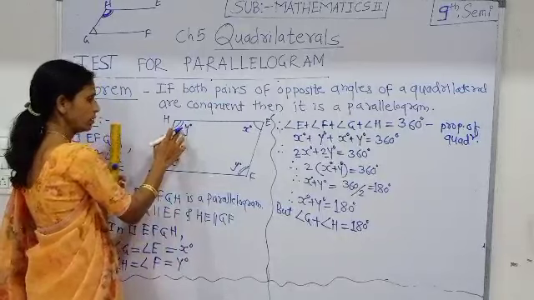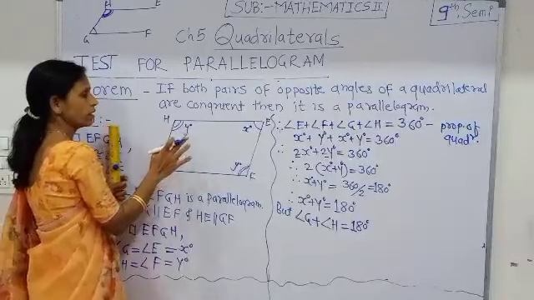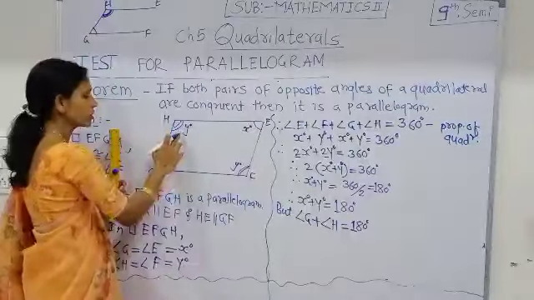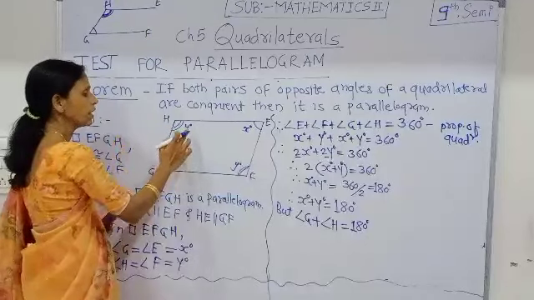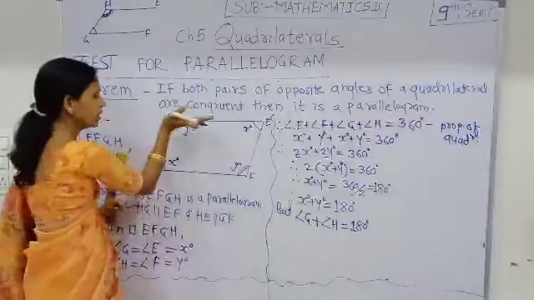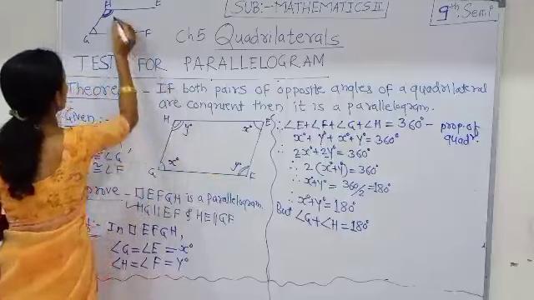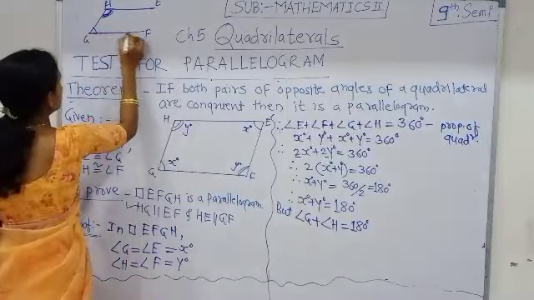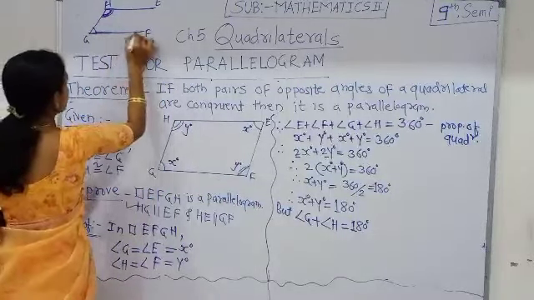When interior angles are supplementary, or the sum of the measures of interior angles is 180 degrees, then those two lines are parallel to each other.